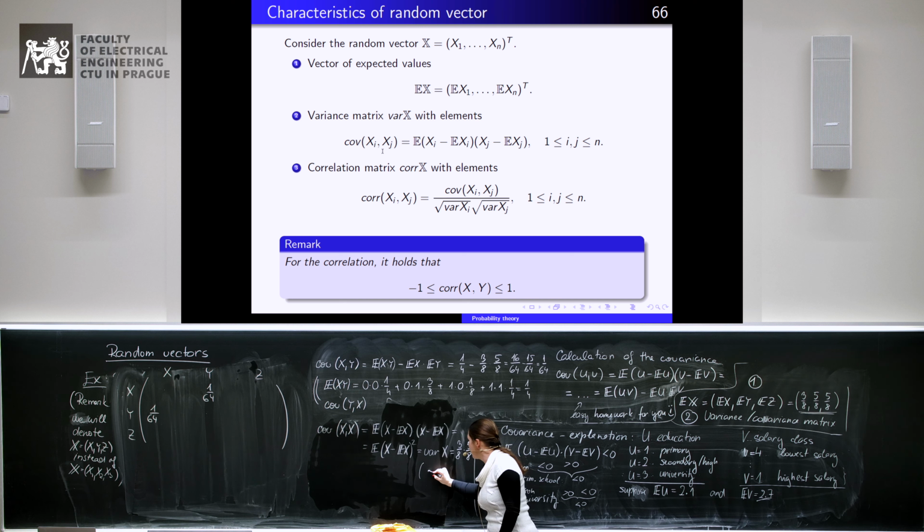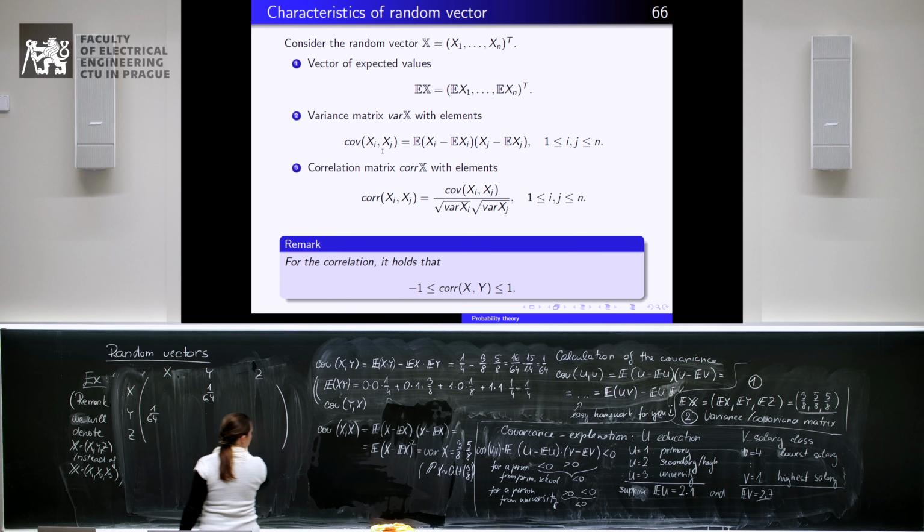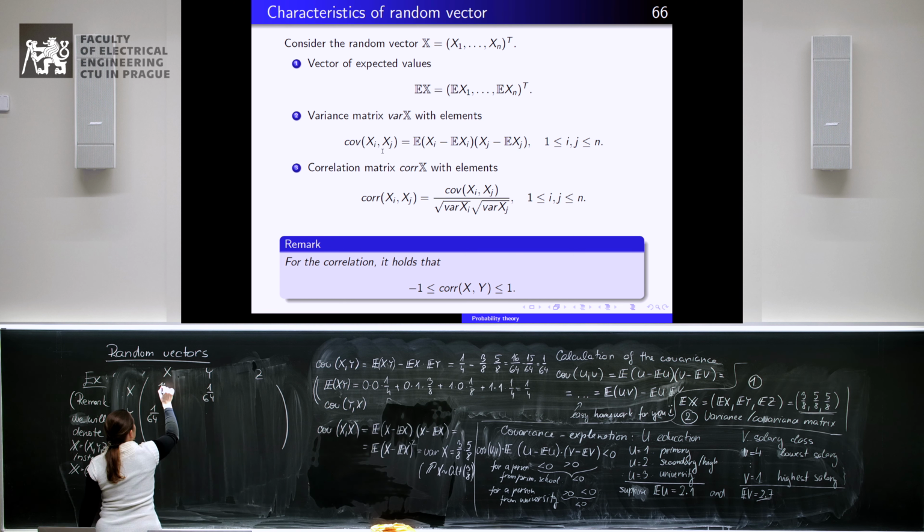It is the variance of the Bernoulli or alternative distribution. So it is 15 over 64.